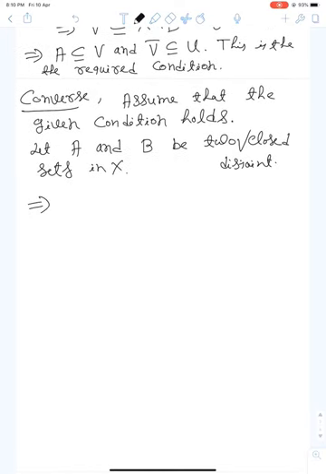Now that implies A is a subset of X minus B. Why? As A intersection B is empty, right? Now B is a closed set. So what is my X minus B? That is open, right?